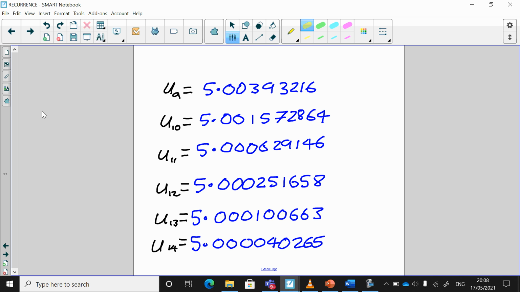Looks as if we're slowing down. The differences between the numbers are getting less and less. Do you think we're heading towards a set number here? I don't know. You could try it with a calculator.